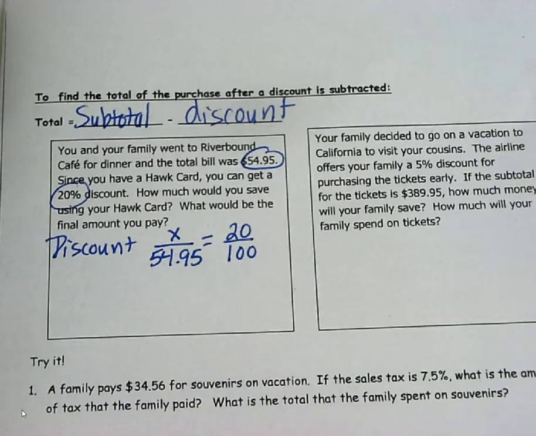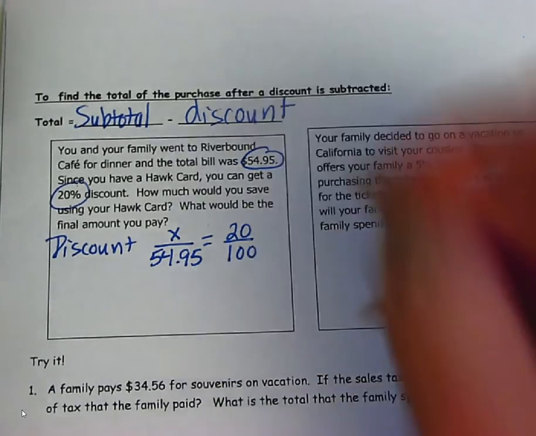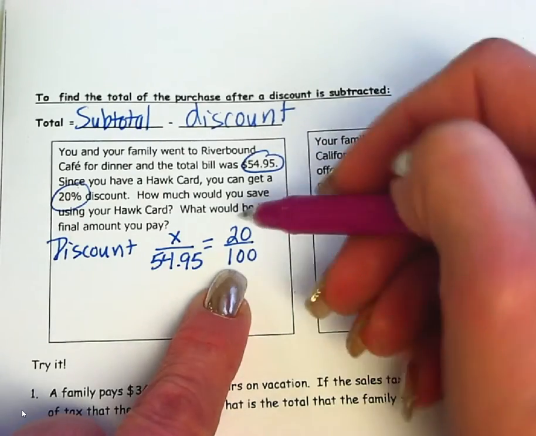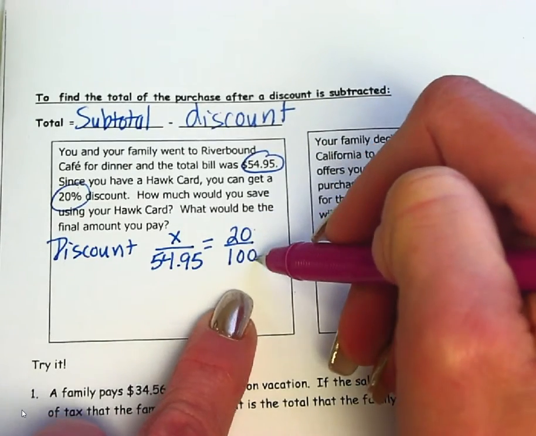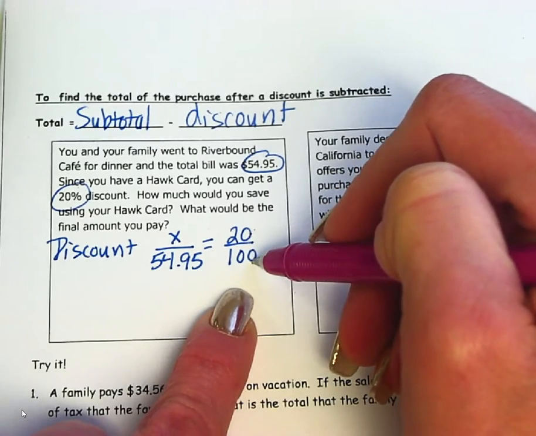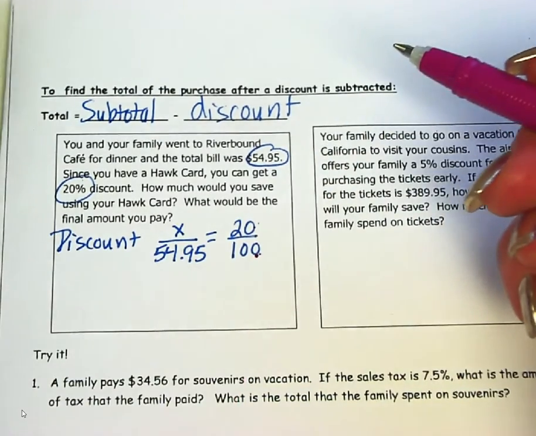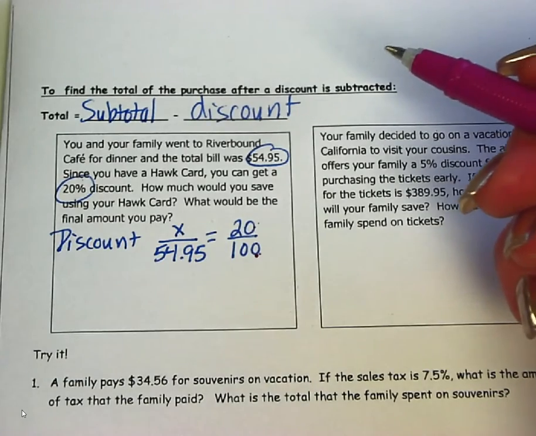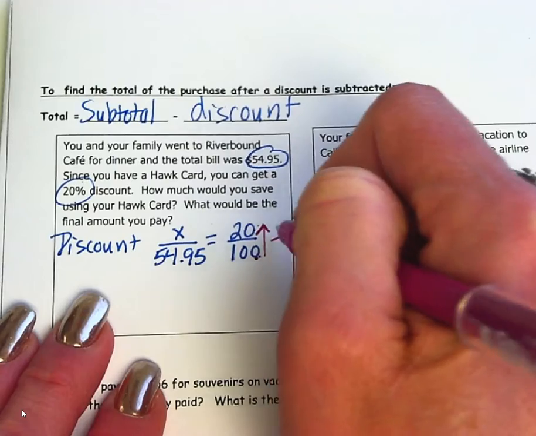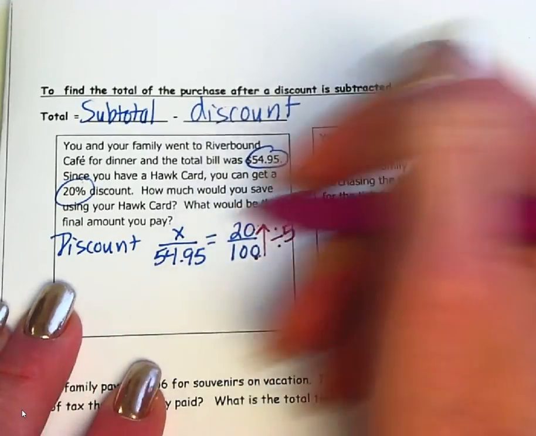You can use your cross products if you want to, but I'm going to show you a way you can do it differently. It kind of goes with the number line model. I can also look at how many times 20 goes into 100. How many 20s are in 100? 5. So to get from 100 to 20, I divide by 5.